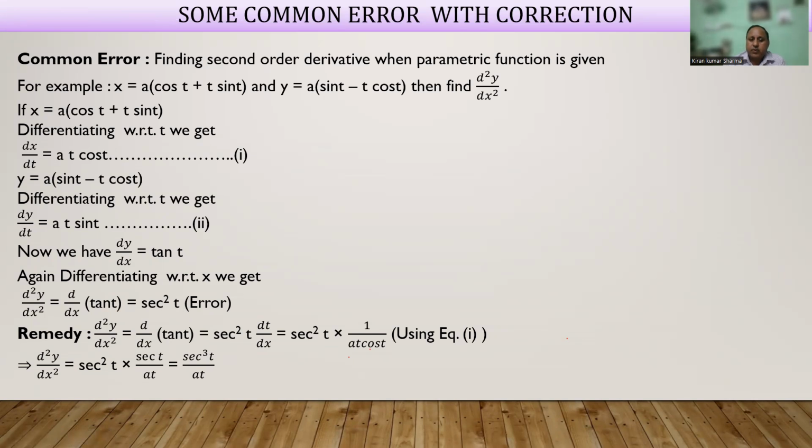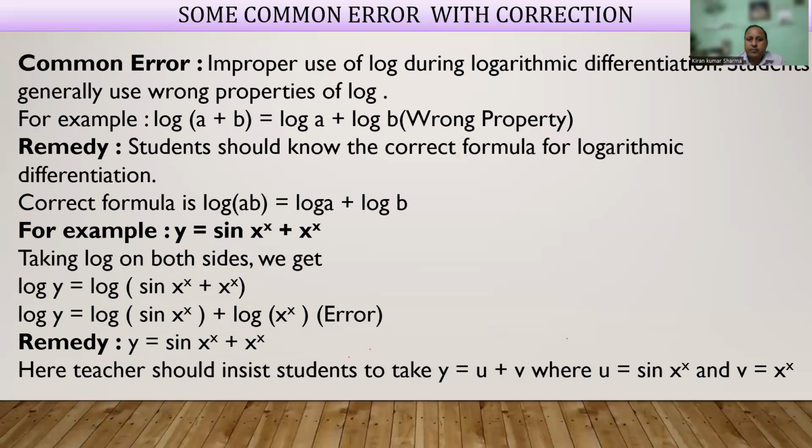So correct is you have to write the derivative of tangent t, that is secant square t into dt by dx, meaning 1 upon dx upon dt. After that, substitute the value. So in this way, students make different types of common errors. Maximum students do. We can avoid this by giving them more practice of such type of questions.